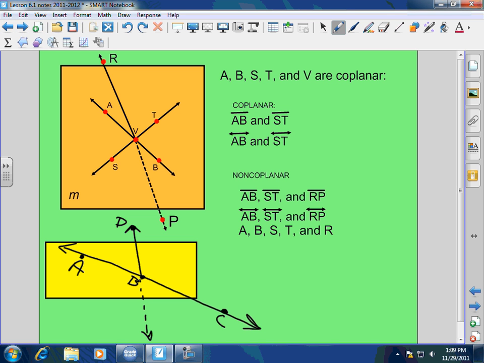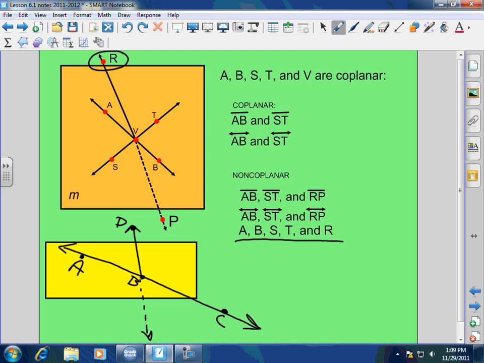Was that why we labeled A, B, S, T, and R non-coplanar? A, B, S, T, and R were non-coplanar because R belonged to a vertical line that went through the plane, not on the plane. When you said AC, AC is coplanar.